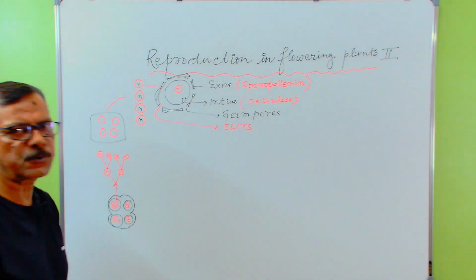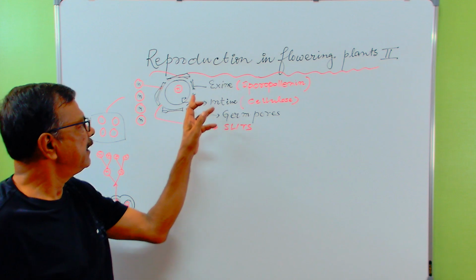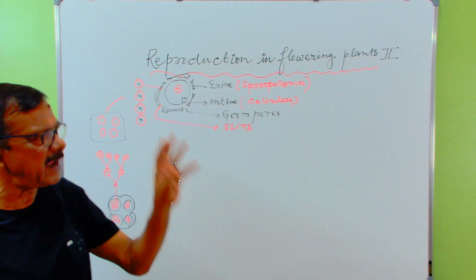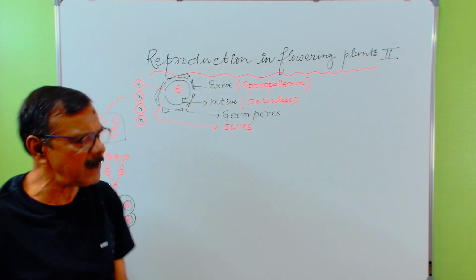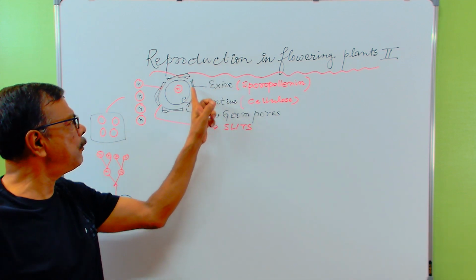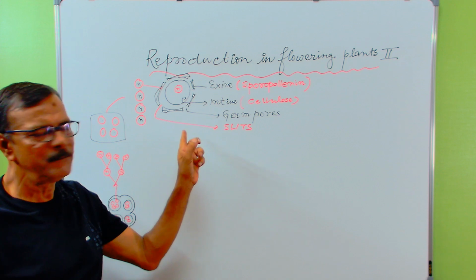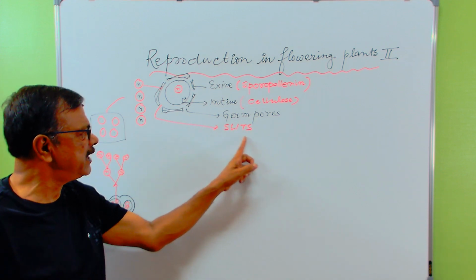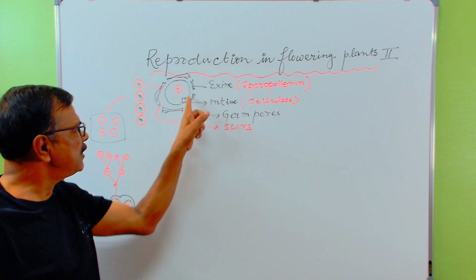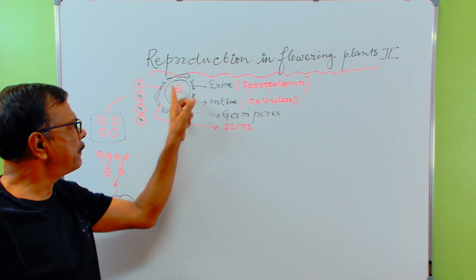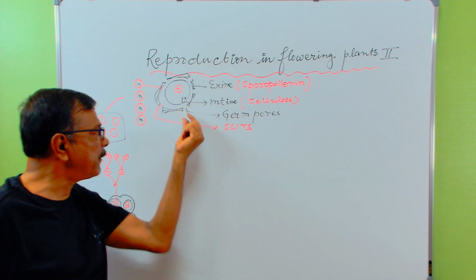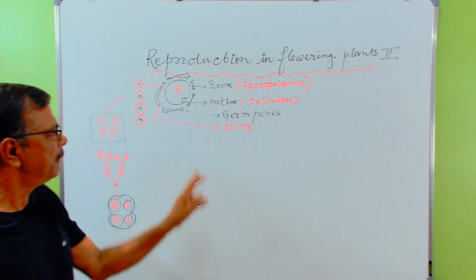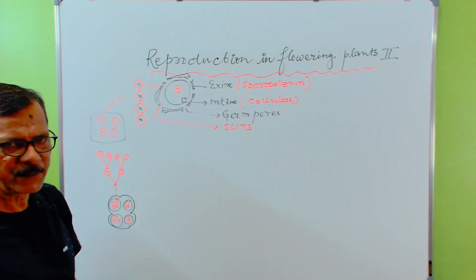These 2 points you should write. In some places of the exine, although it is the hardest and most resistant, it has some minute pores. These minute pores are known as germ pores or slits, from where the pollen tube will come out and fertilize the egg. Okay, this much we will write.